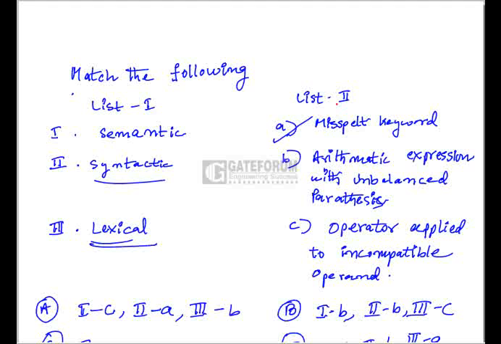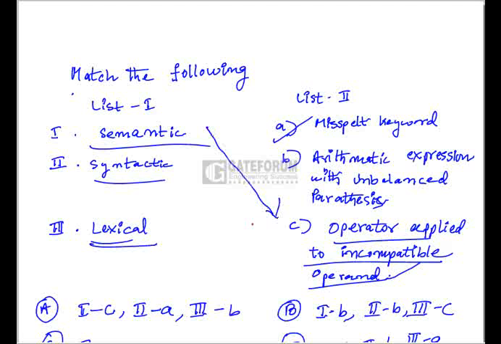So the misspelled keywords are identified in the lexical phase, which is the first phase of the compilation process. So lexical is related to A, and semantic is related to meaning. Operator applied to incompatible operand, for example, is not a proper meaning. That's why semantic is related to C. And for syntax, using the pushdown automata, we find out whether the arithmetic expression containing parentheses is balanced or unbalanced.